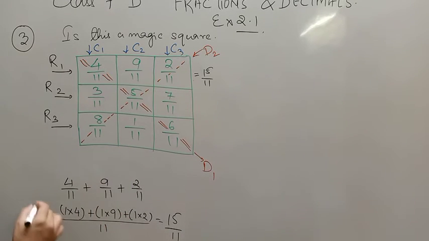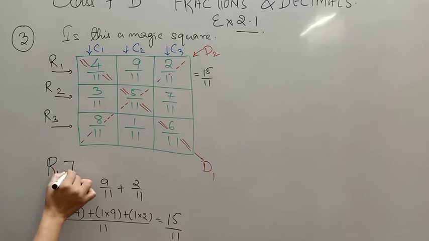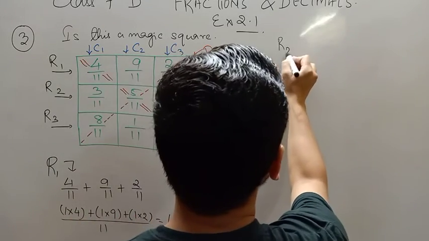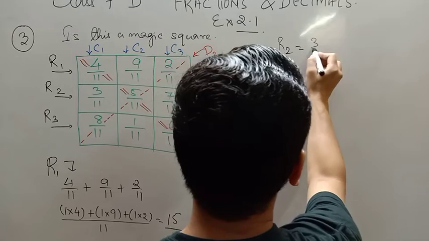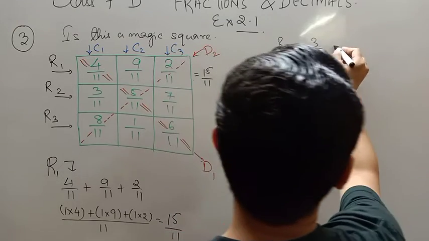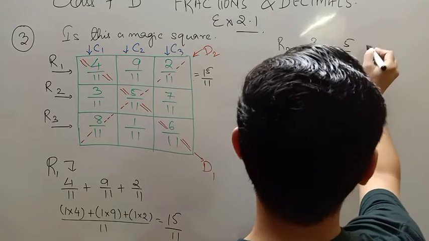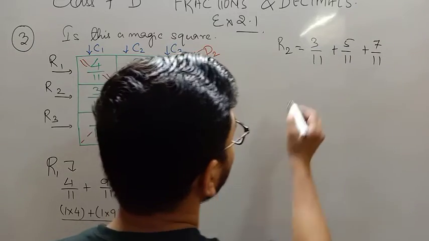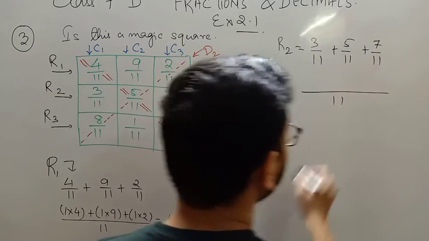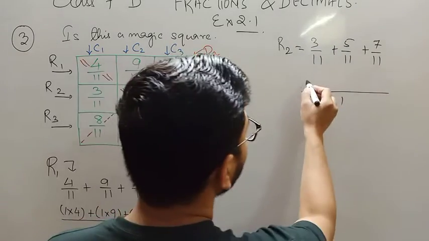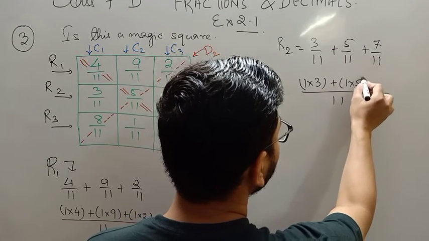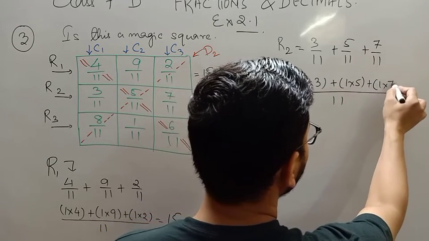So this is for R1. Now similarly for R2. For R2 I just add 3 by 11, 5 by 11 and 7 by 11, right? What will be the LCM? 11 will be the LCM. 11 ones are 11 into numerator, 11 ones are 11 into numerator, 11 ones are 11 into numerator.